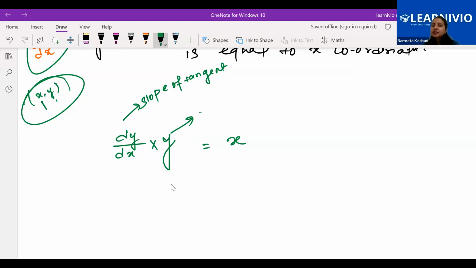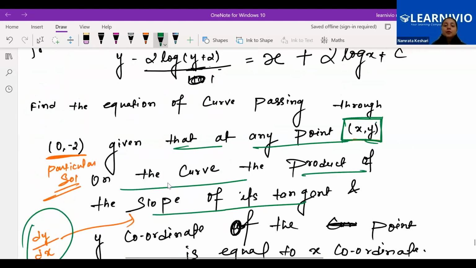This exact question can come in the exam, or maybe only the point will be different. Instead of 0 comma minus 2, it can be 5 comma 3. Instead of product of slope of tangent and y coordinate, it can be product of slope of tangent and x coordinate, equal to y coordinate. So the question can vary, but you are understanding the scenario, right?